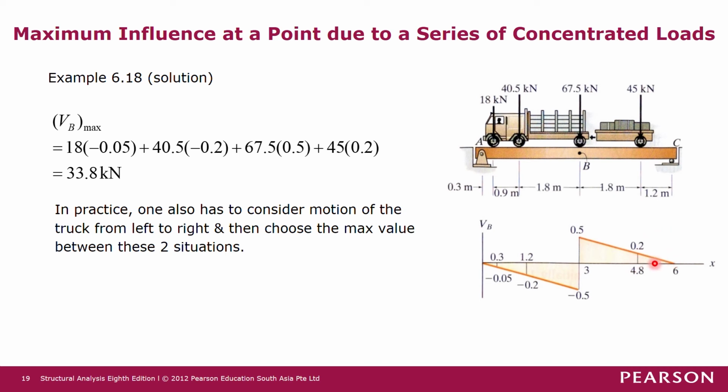So meaning that the 45 kilonewton force, due to the movement of the 40.5 kilonewton force from B to here by 1.8 meter, moves on the beam by 1.2 meter.